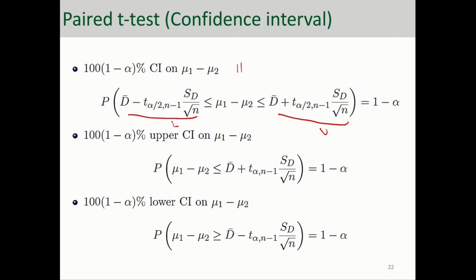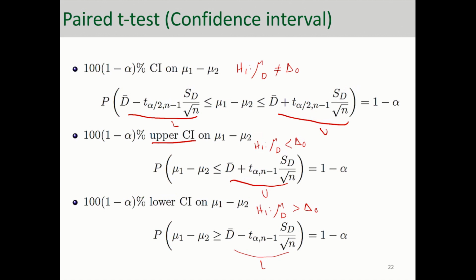This is useful when your alternative hypothesis is that mu of d is not equal to some delta naught. You can also calculate the upper confidence limit only for a one-sided test when your alternative hypothesis is that mu of d is less than delta naught. Or you calculate the lower confidence limit when the alternative hypothesis is that mu of d is greater than delta naught.